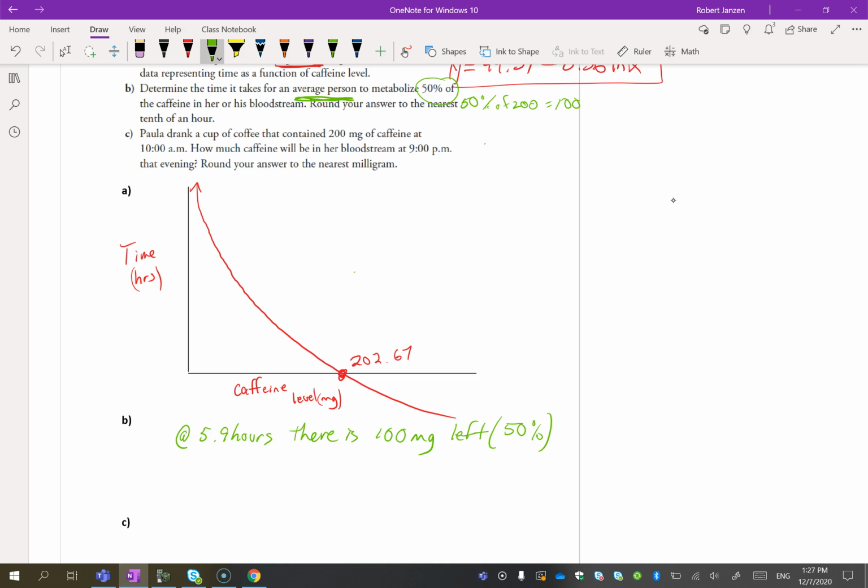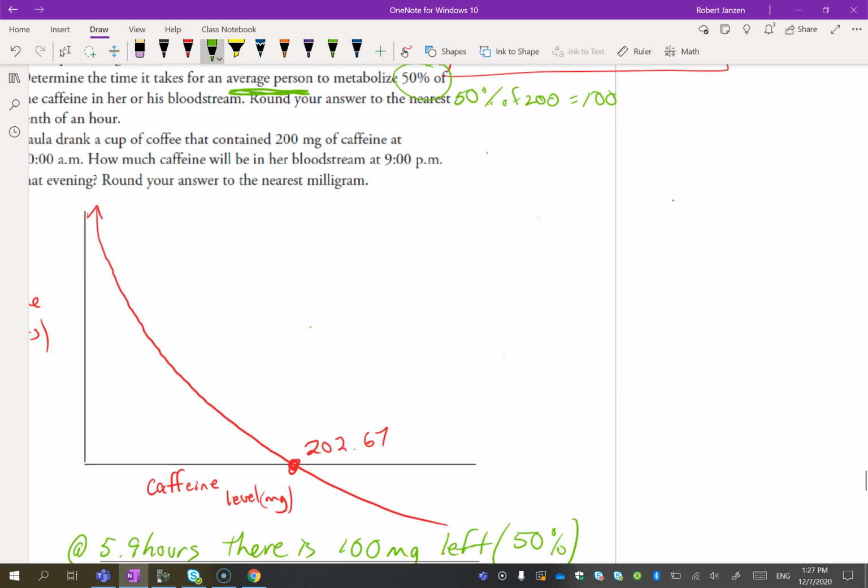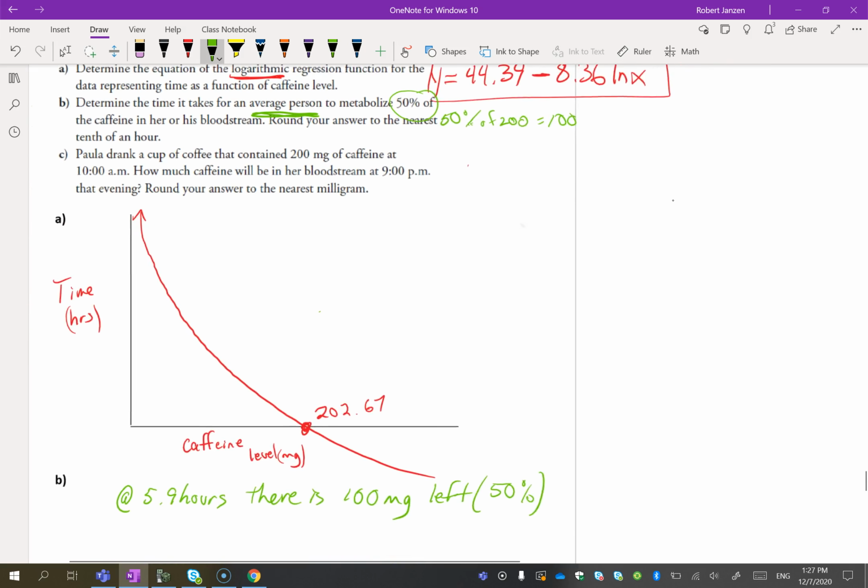Okay, so now we're going to take a look at a specific person, and we're going to use this data to sort of estimate. So Paula drank a cup of coffee that contained 200 milligrams of caffeine at 10 a.m. How much caffeine will be left in her bloodstream at 9 p.m. that evening? So first of all, we need to figure out how many hours that's been.